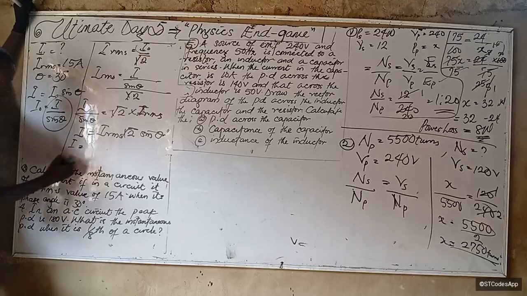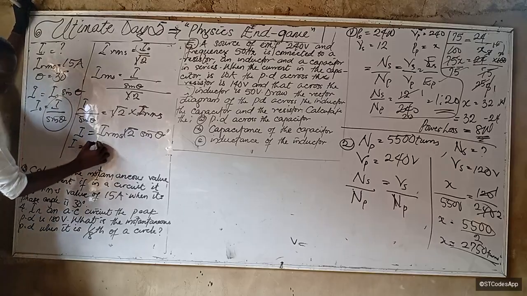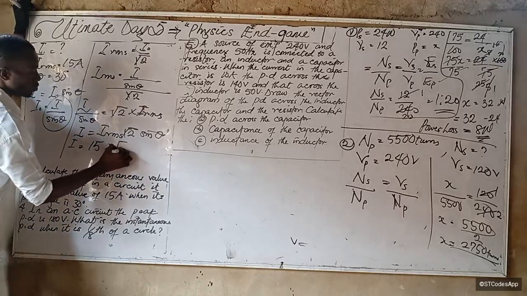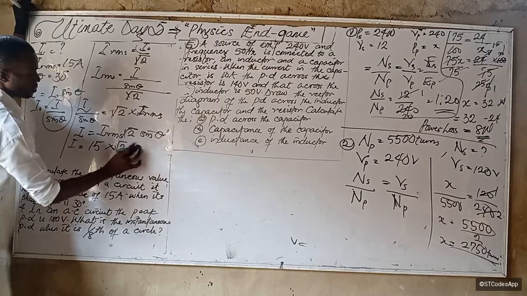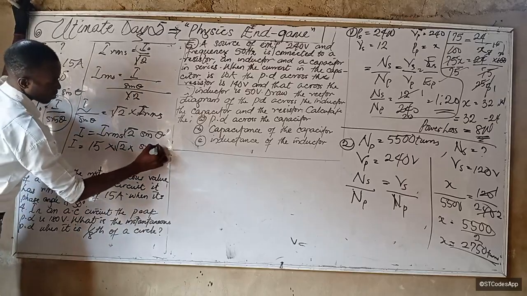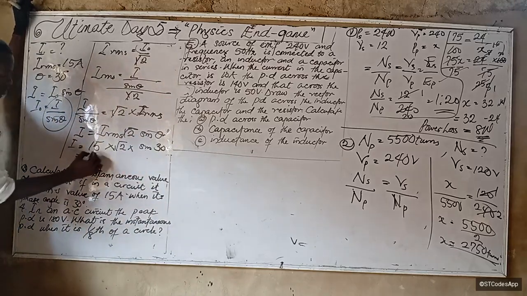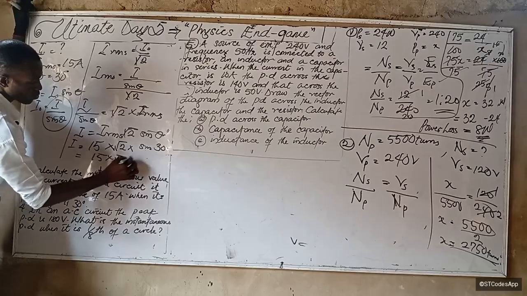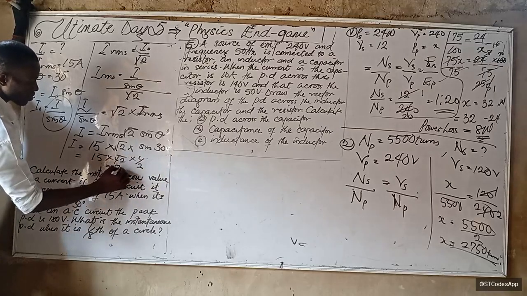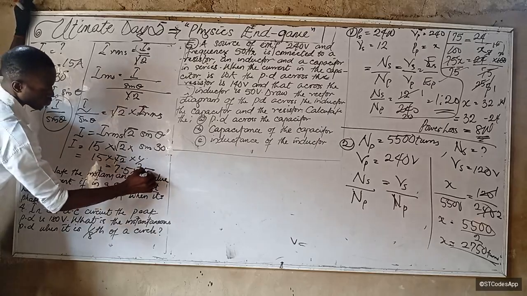So I would therefore be equal to, what is the I RMS value? 15 amps times root 2 times sine 30, which is 1 over 2. So this becomes 15 times root 2 times 1 over 2, that will be 7.5 times root 2. Is this clear?